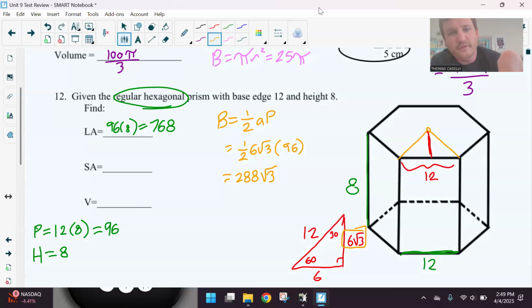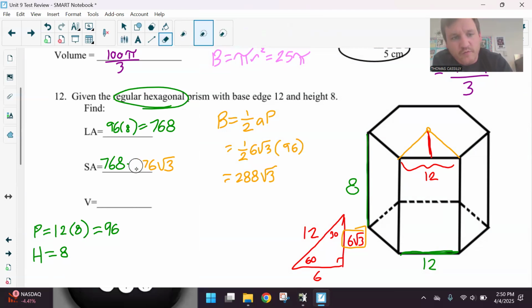So we have 768 plus, now we have that number that we had in our calculator that I forgot, 576 square root of 3. All right, now that is an exact answer. We don't have to worry about rounding any decimals or anything on there. That is a perfect answer. If you did want decimals, you can, but what we have now is better.